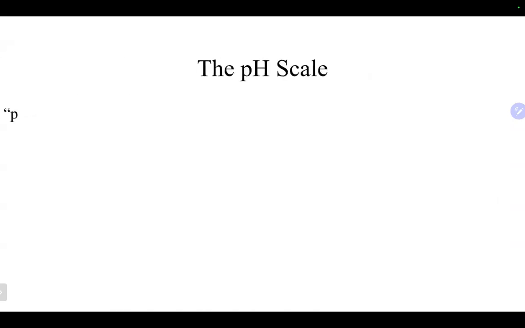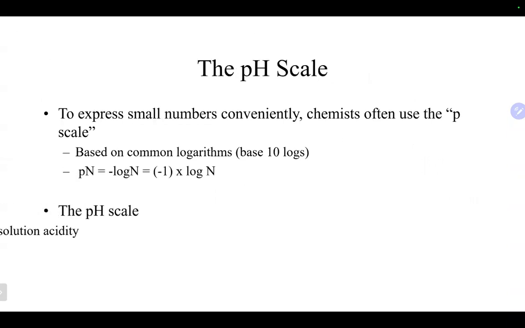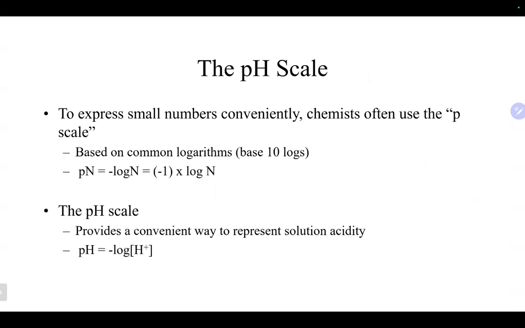Let's get into then the pH scale. The pH scale runs from, go this way, 0 to 7 to 14. Below 7 is acidic. Above 7 is basic.